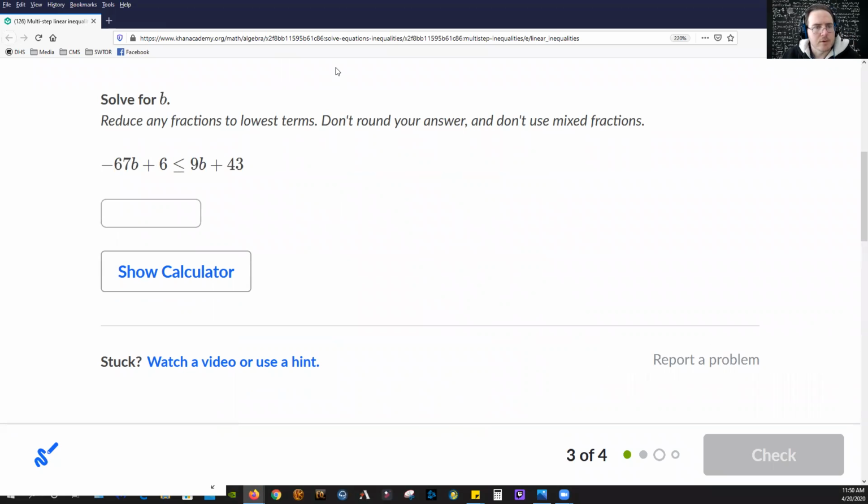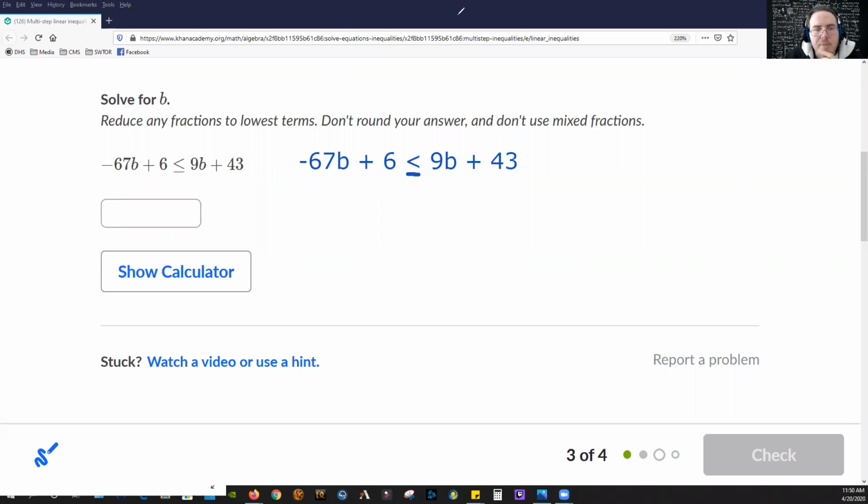Okay, let's roll. Write down: negative 67b plus 6 is less than or equal to 9b plus 43. Got to remember that this is an inequality that is less than or equal to.